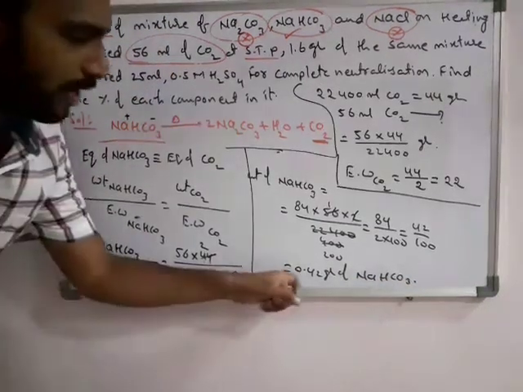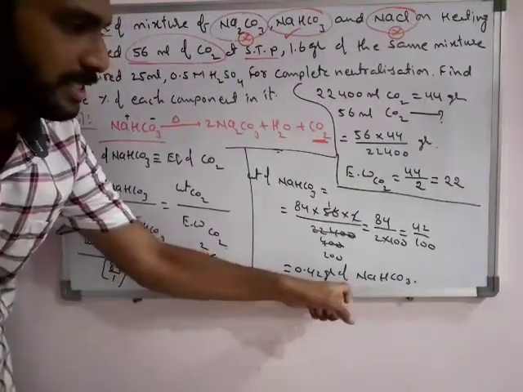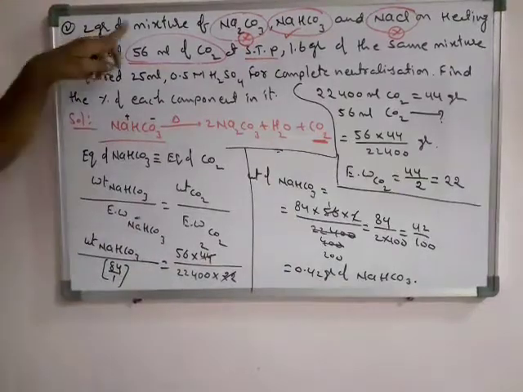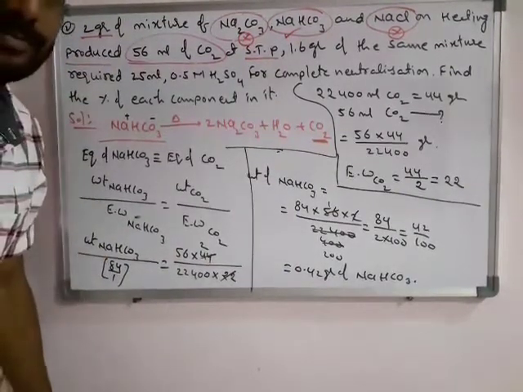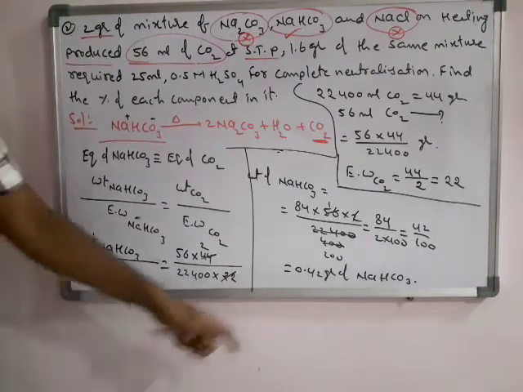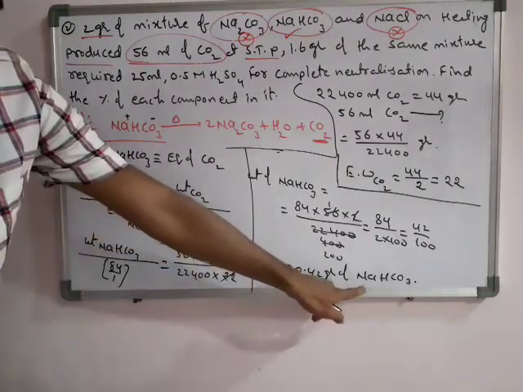So this 0.42 grams of NaHCO3 is present in 2 grams of that mixture. Okay, 2 grams of mixture, 0.42 grams of NaHCO3.